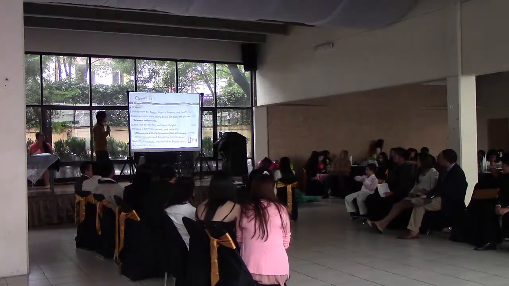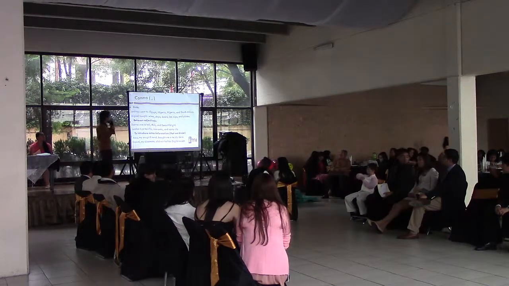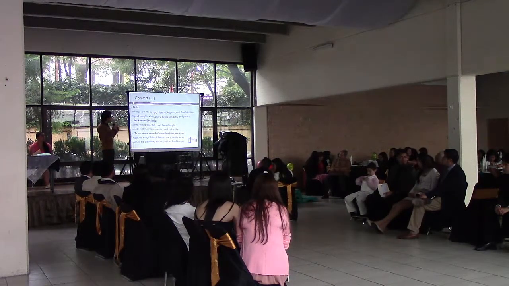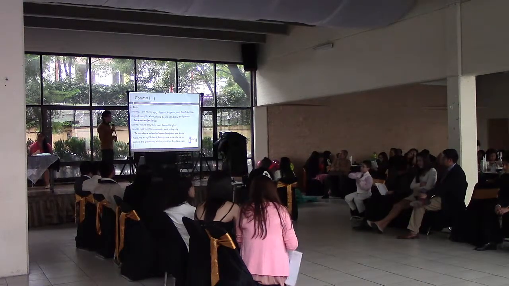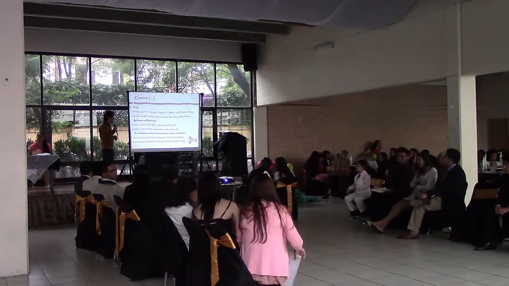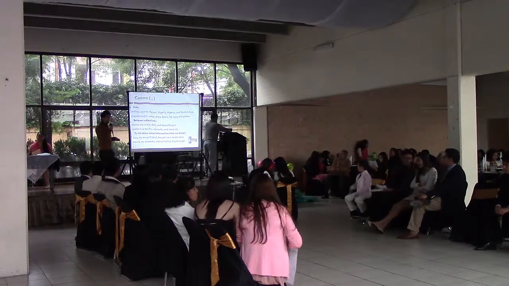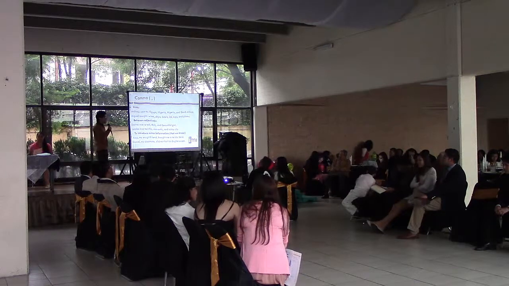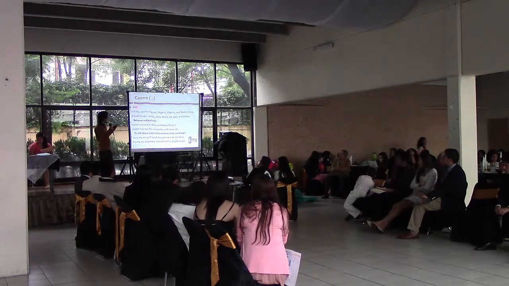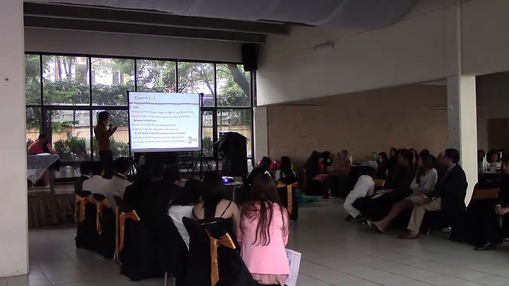Next slide, please. Comma. This is the one that probably we use the most. Well, we use all of them, but this one has several uses, but we'll just focus on a few of them. For example, again, to introduce a series or lists.